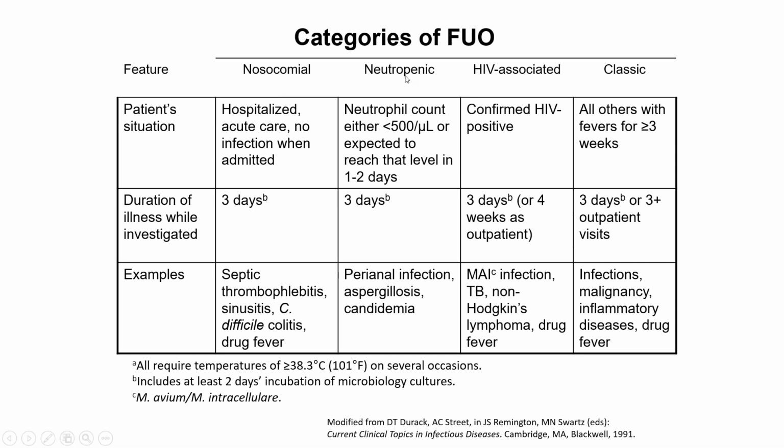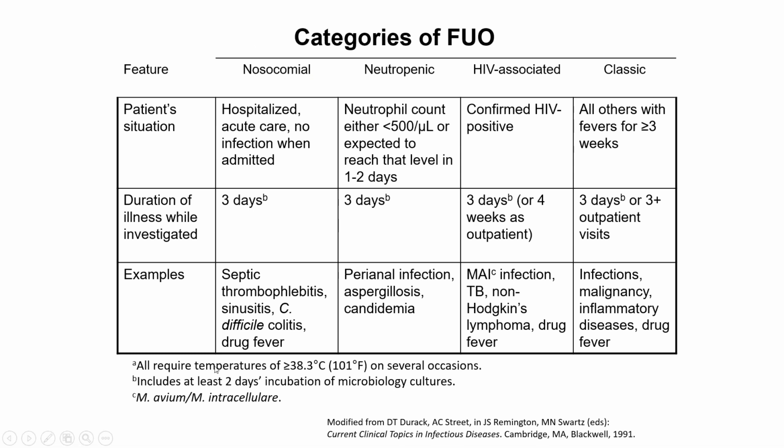Neutropenic, when neutropenia is present in these patients. HIV associated means the patient is HIV infected and presents with an FUO. And all other categories of FUO that do not fall into these 3 specific categories are classified as classic FUOs.